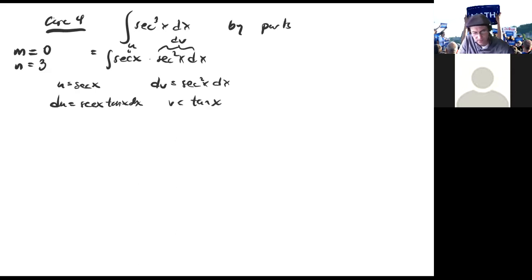And so our integral becomes, I'll write it over here, u times v, which is secant x tangent x, minus the integral of v times du, which is secant x tangent squared x dx.